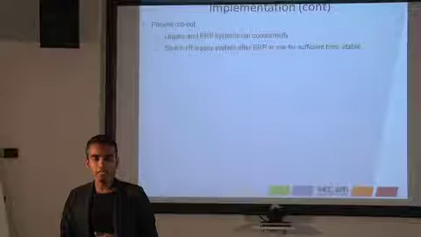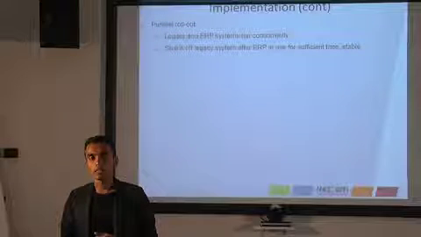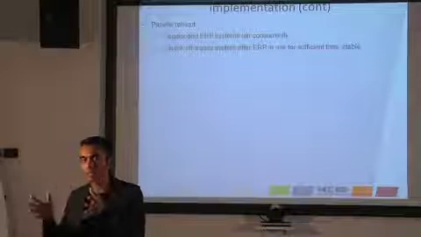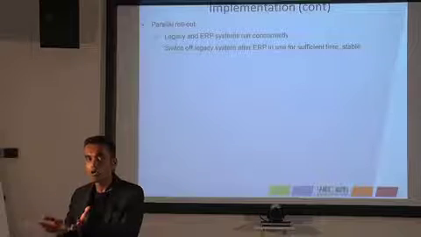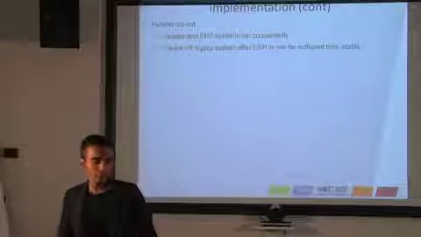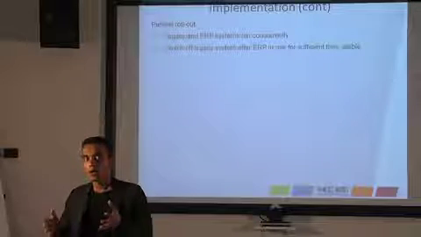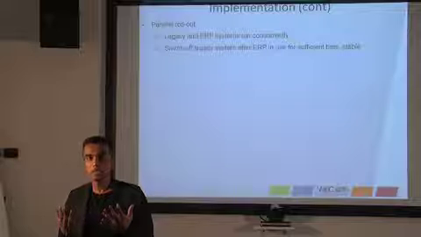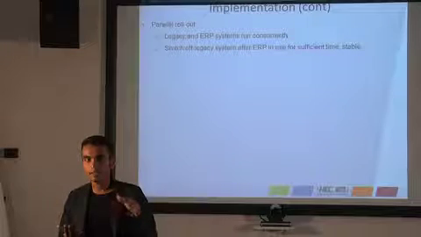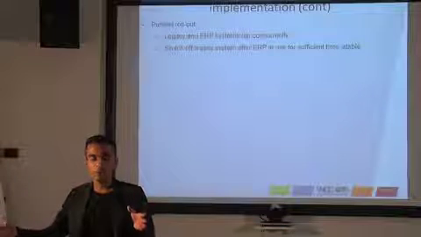Conversely, in the parallel approach, we do not switch off the legacy system. It runs concurrently as a whole with the ERP system also running in parallel. So after some time, when we are confident that the ERP system does its job correctly and is stable, only then can the legacy system be switched off.